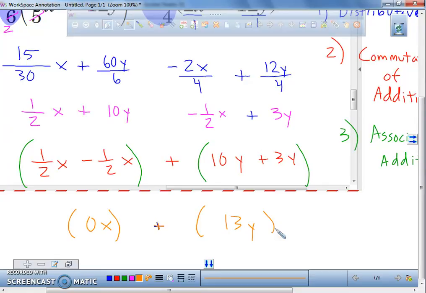But I did do something here because I want you guys to identify the property that I used just to go from a half of an x minus another half of an x. Which property did I use right there? So Andrew, which property was it called? The additive inverse, right here. So when you take these and you add them together and you get 0, that's referred to as the additive inverse.